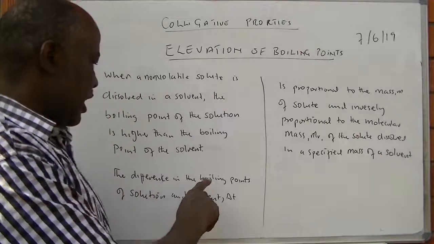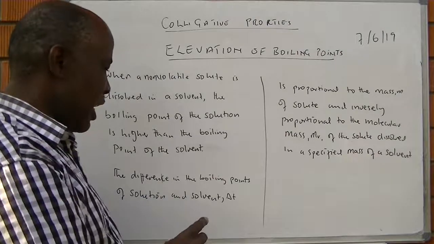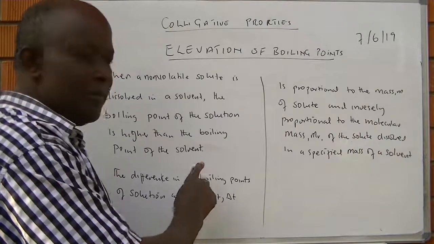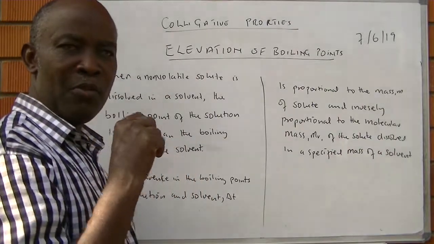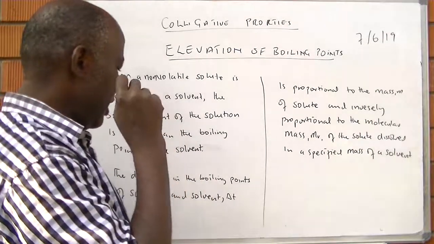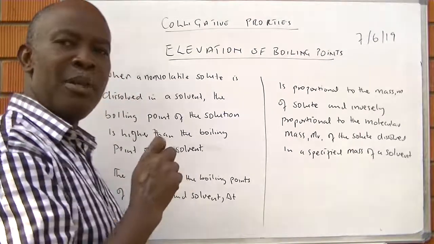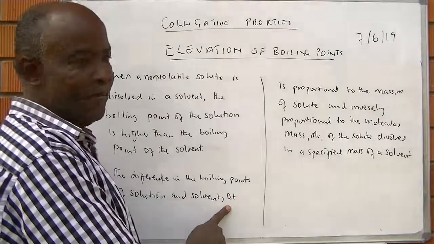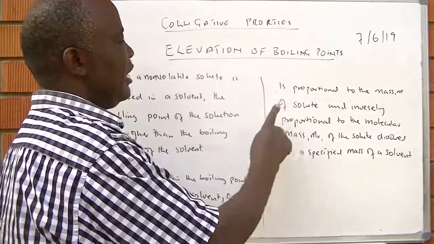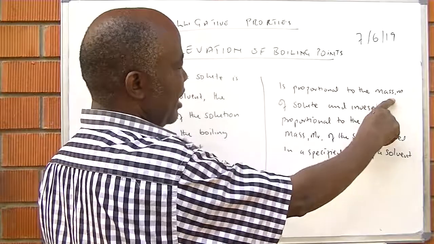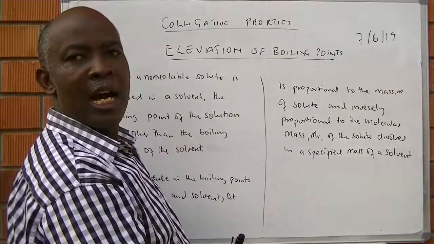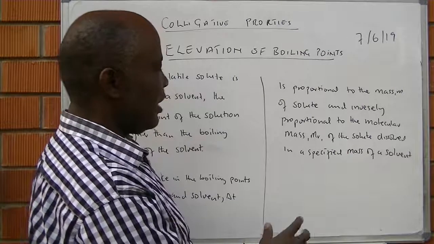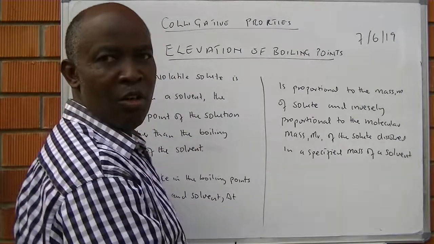The difference in the boiling points of the solution and the solvent: we have seen that the boiling point of the solution is higher than the boiling point of the solvent. So when you subtract the boiling point of the solvent from the boiling point of the solution, we get dT. So we are saying that dT is proportional to the mass of a solute and inversely proportional to the molecular mass of a solute dissolved in a specified mass of a solvent.